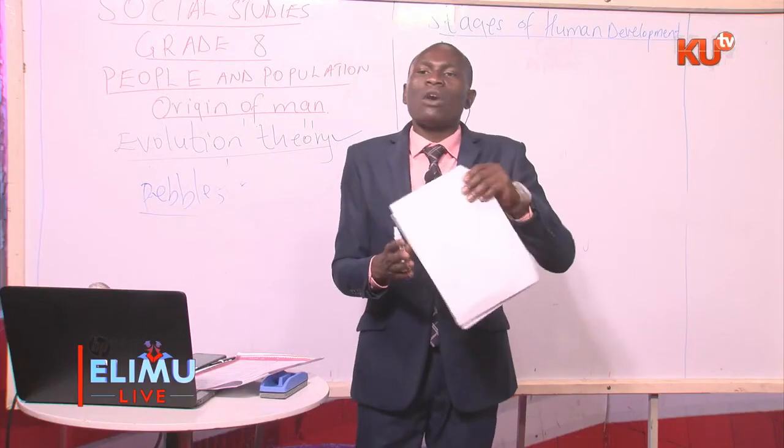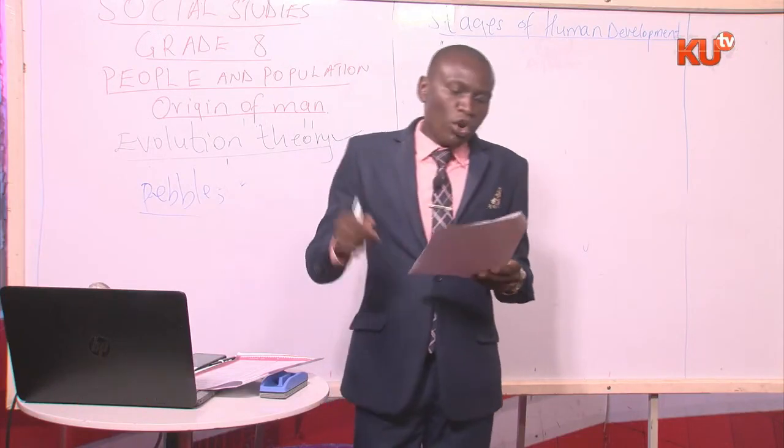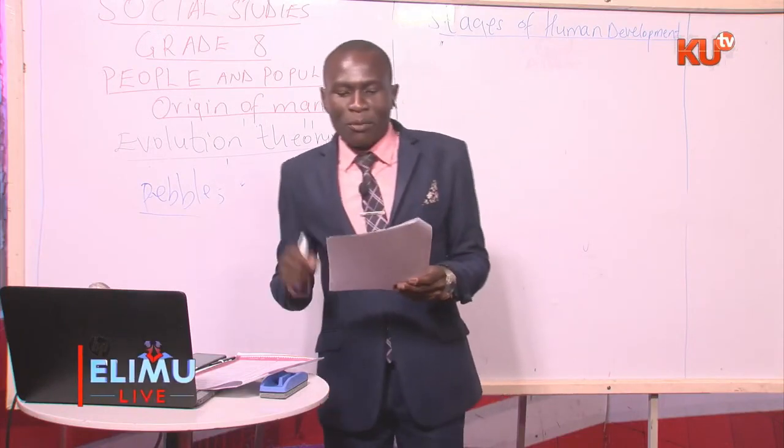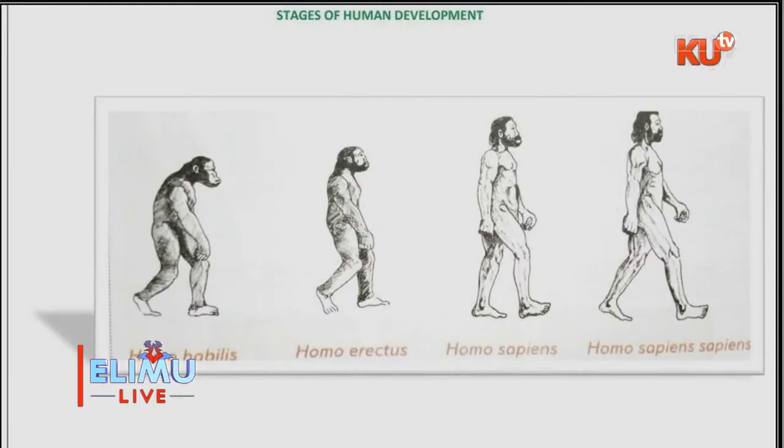Now, I want us to look at these stages on the diagram as we see how the posture changed from Homo habilis, Homo erectus, Homo sapiens, and Homo sapiens sapiens.